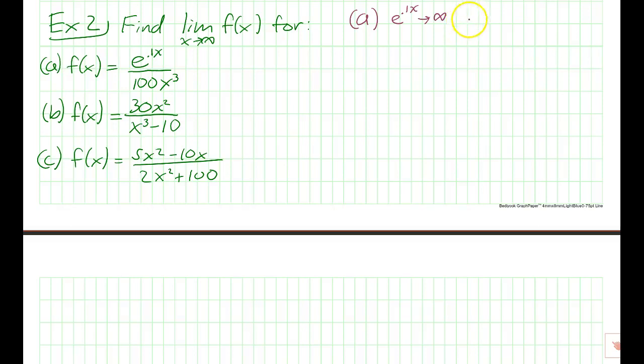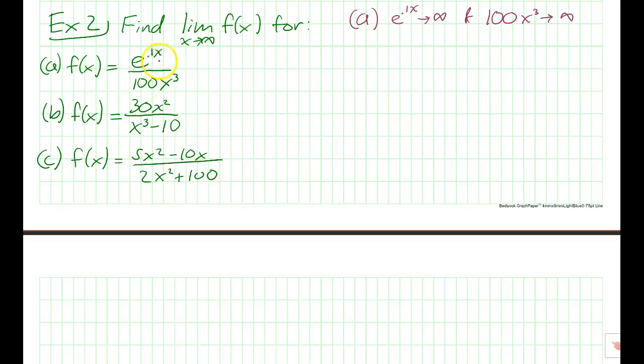And likewise, 100 times x cubed also approaches infinity. So as they both are really big numbers, what's a really big number divided by a really big number? Well, it kind of depends on which one is bigger. If the denominator is bigger, the result is going to be less than 1.